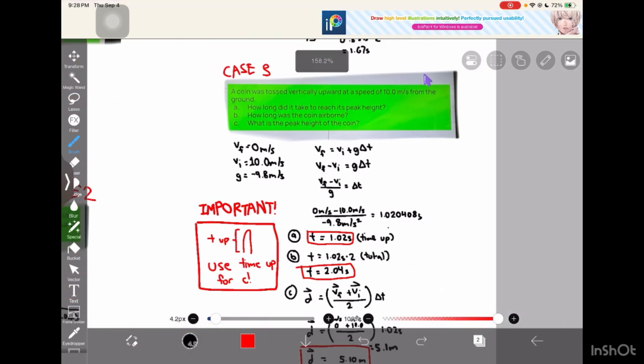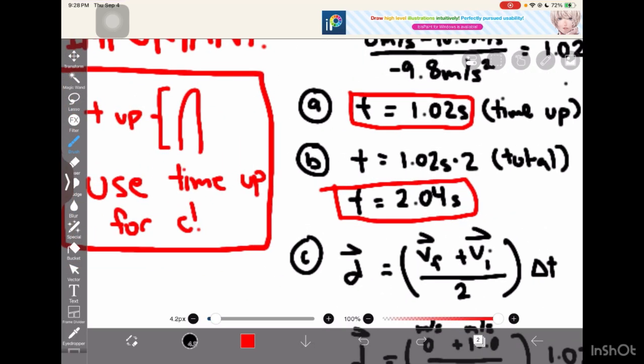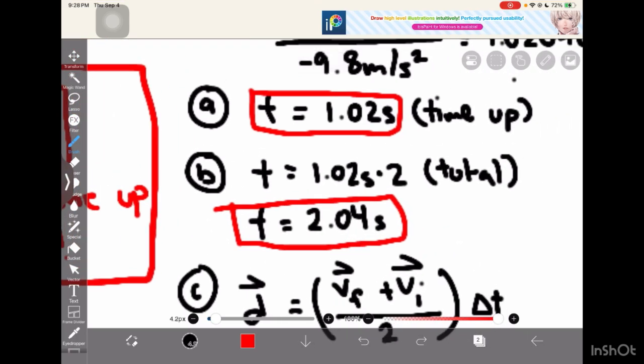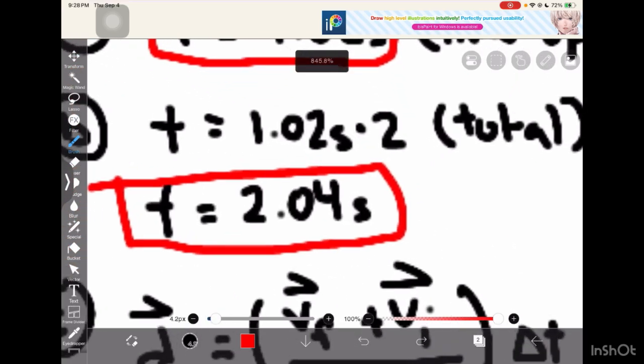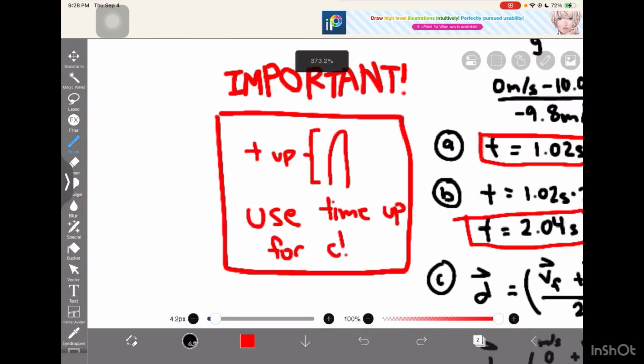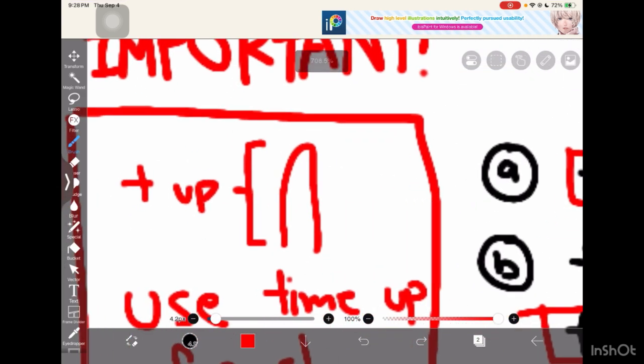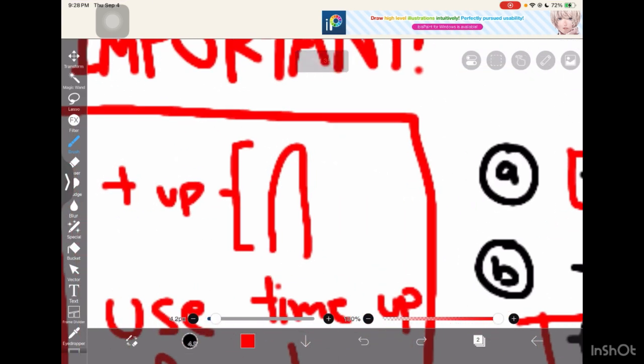But how long was the coin airborne? We're looking for the entire parabolic function now, so just times 2. So it's 2.04 seconds. Now, this is important because when you want to find the peak height, you only want to use half of it, the time up. Why?